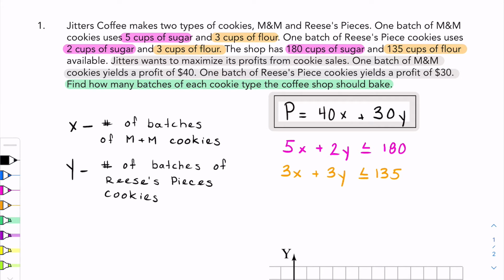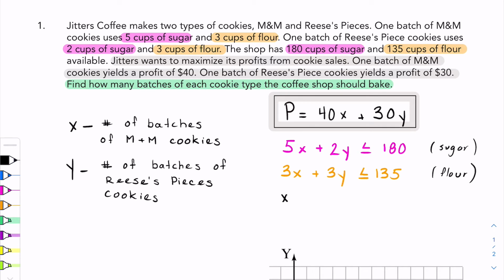Besides our totals, which were sugar and flour, we also have to make sure we define our variables. So our variables are batches of M&M cookies and batches of Reese's Pieces cookies. But no matter what, you have to make 0 or more.